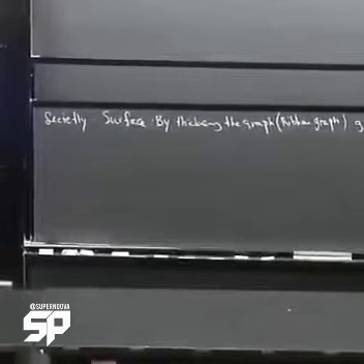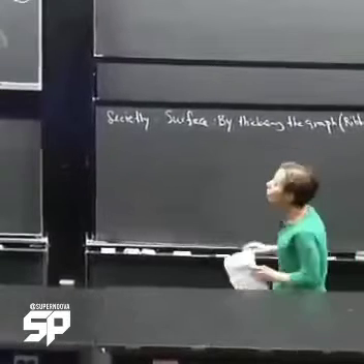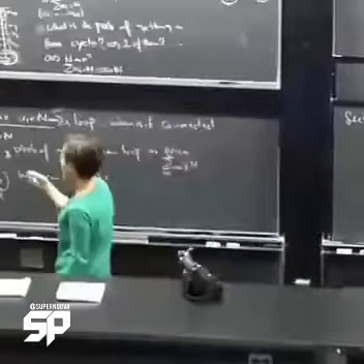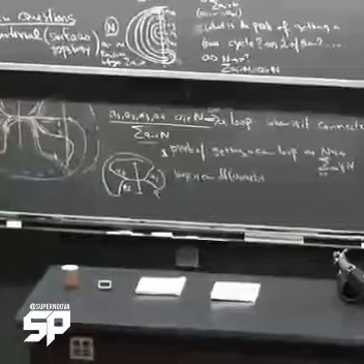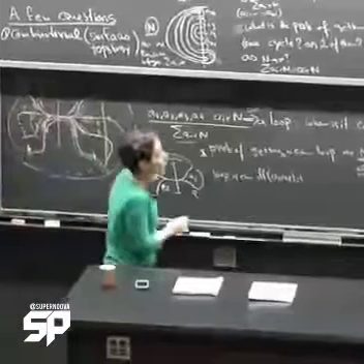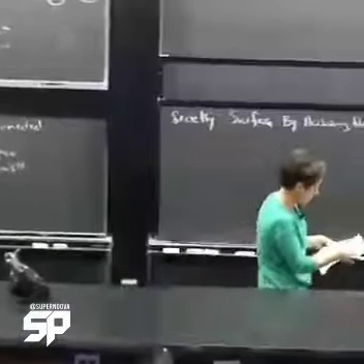So for example, if I do this 1, 2, 3, 4, 1, 2, 3, 4, it's related to interval exchange maps, something that people study a lot and which have nice properties.